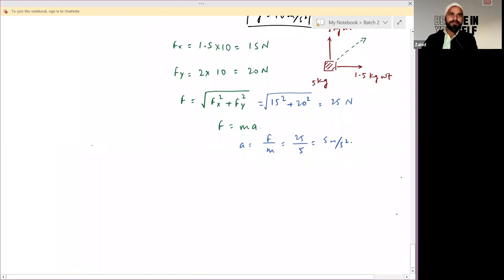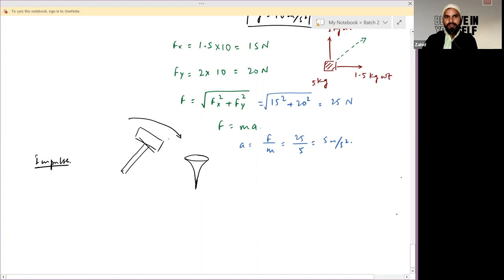Okay, next term is impulse. Suppose there is a nail and a hammer is applied over it to drive it into the surface.